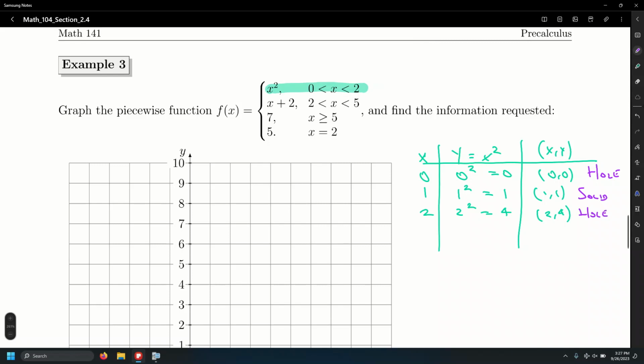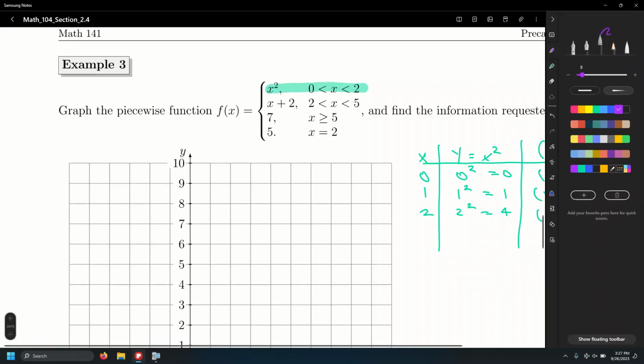Why holes? Well, because it's less than only, without the equal, for 2. Everything in between will be solid points. Let's plot those points.